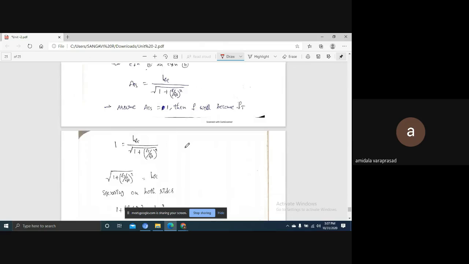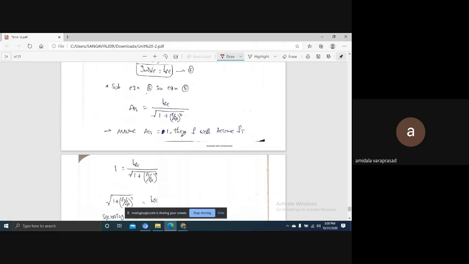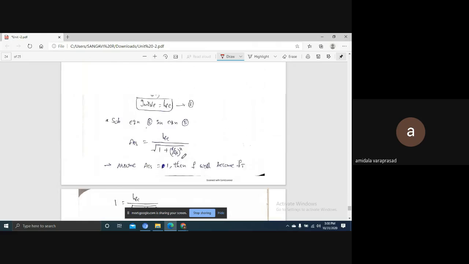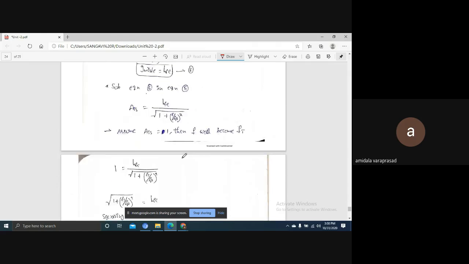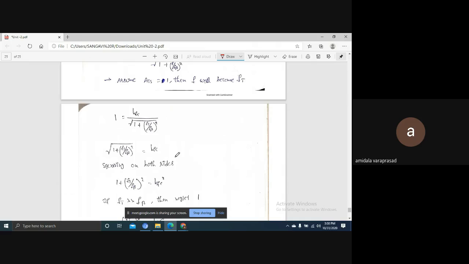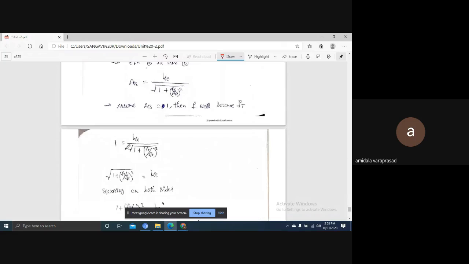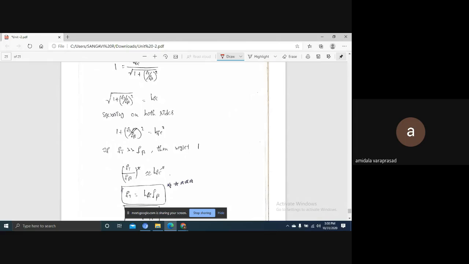Next, assume AIS is equal to 1, then f will become ft. Then I will get 1 equal to hfe by root of 1 plus (ft by f beta) whole square. Squaring on both sides, 1 plus (ft by f beta) whole square is equal to hfe square. If ft is far greater than f beta, then neglect 1.